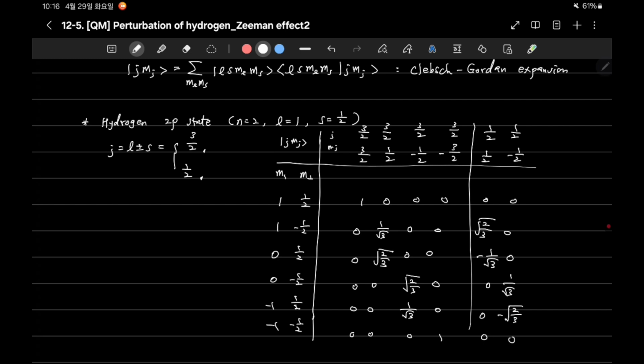It is tabulated. This table is for the hydrogen 2p state, and these are the Clebsch-Gordan coefficients.